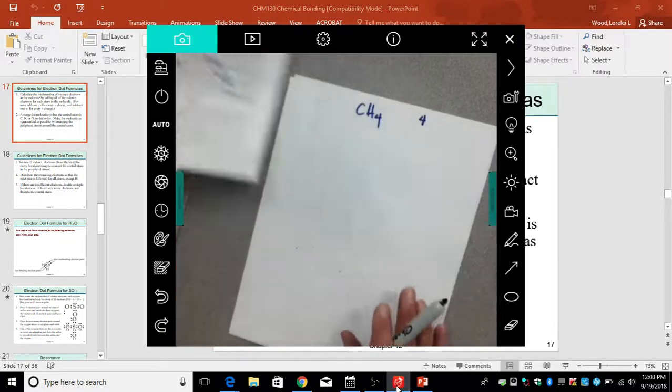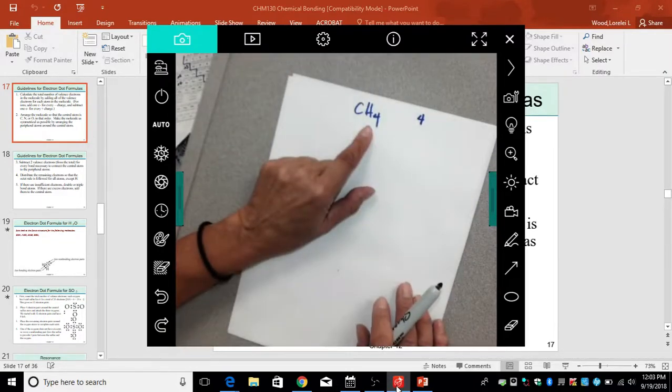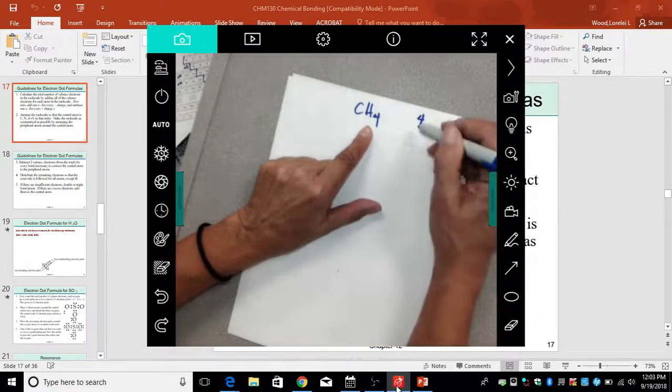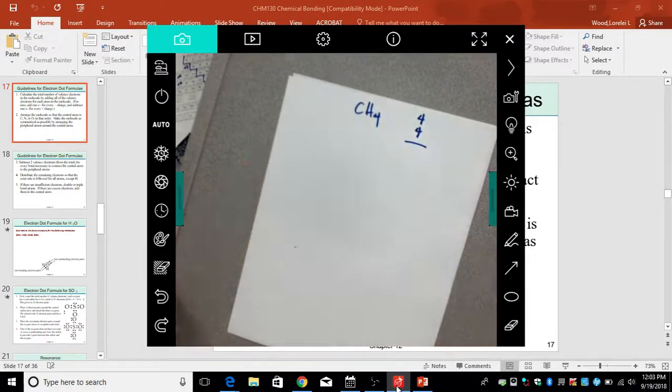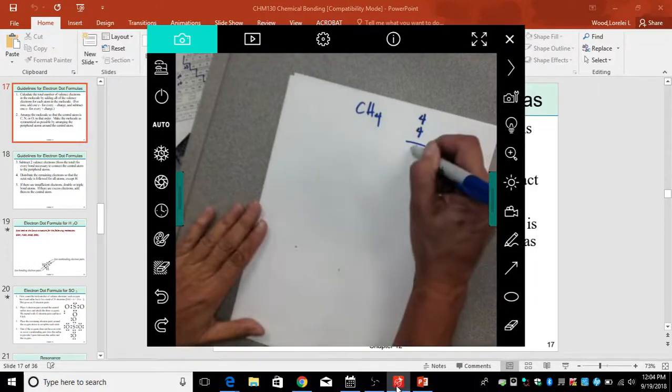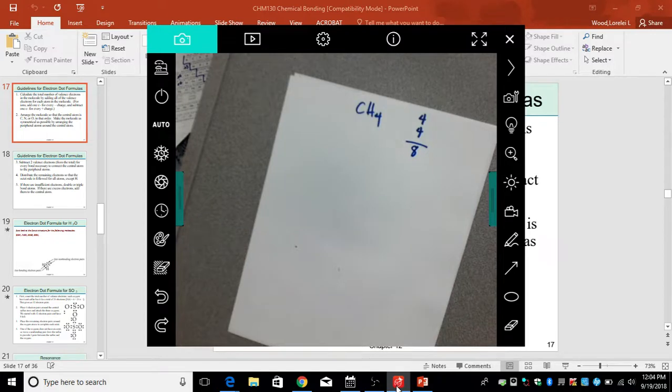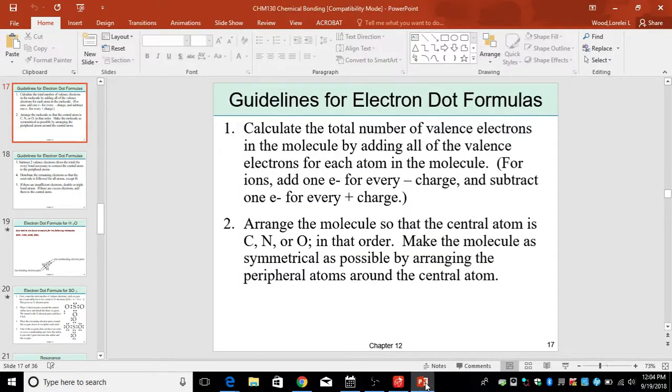A single one, but there's 4 of them, each having 1, so I have another total of 4 valence electrons. Now I'm not counting up the total electrons, only the valence electrons, and that's why it's important that you know that for the representative elements, the group number is the same as the number of valence electrons. So I have a total of 8 valence electrons. So that's step number 1 in my list of rules, okay?